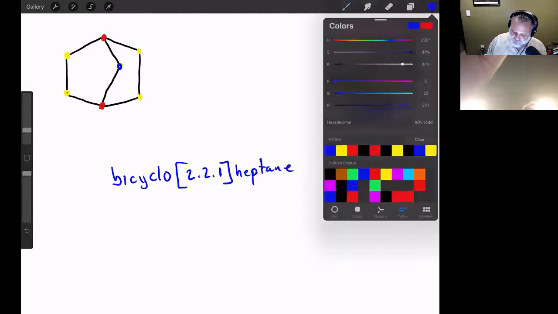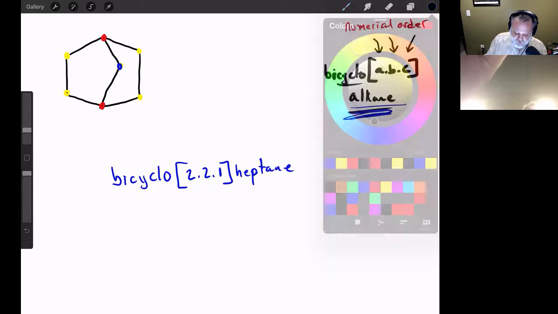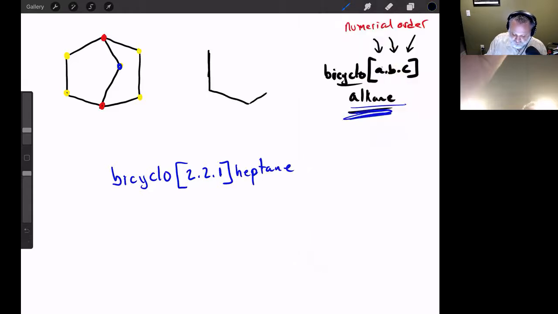If we were to take this same example and use that other hexane that I had drawn before, where there were 2 carbons that connected it together like this, then we're going to come up with almost the same situation. It's bicyclo.